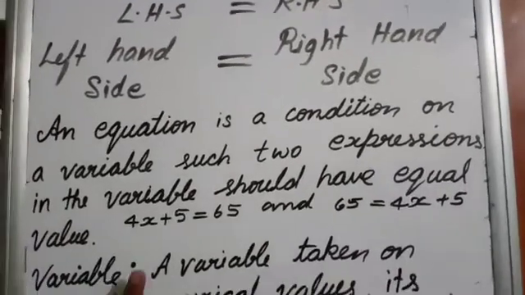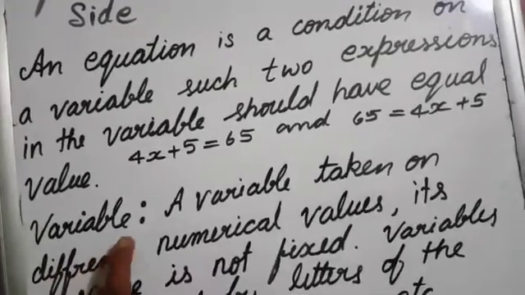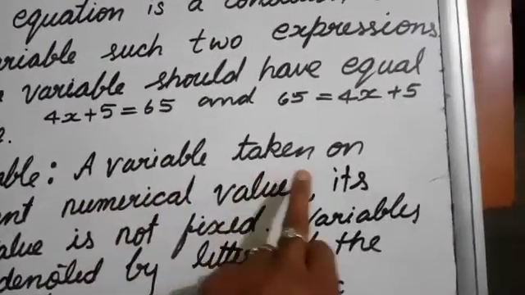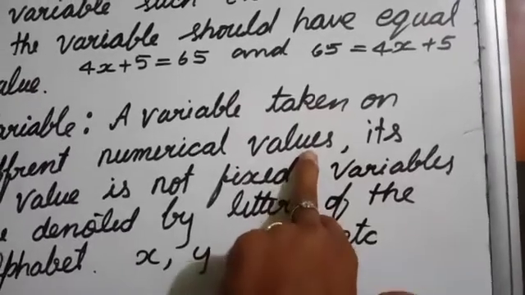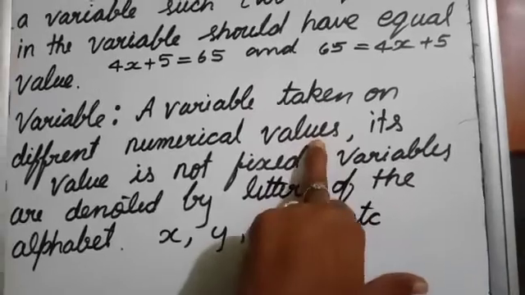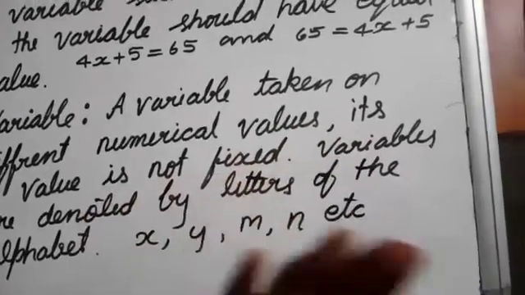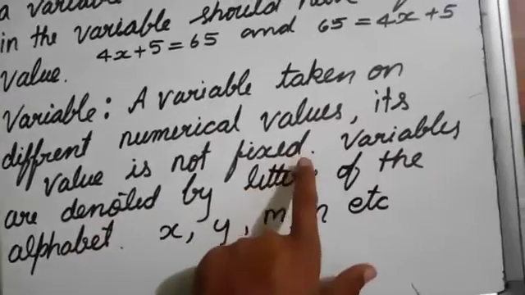But here we use x. X is a variable. What is a variable? A variable takes on different numerical values. Its value is not fixed. As I just now told you, these values are not fixed.